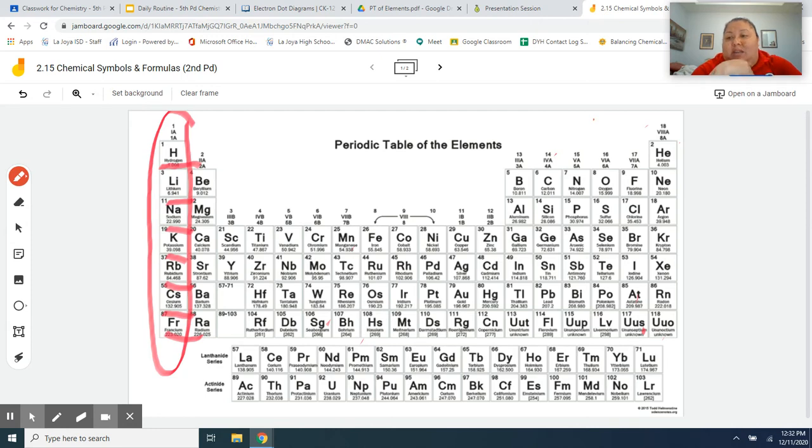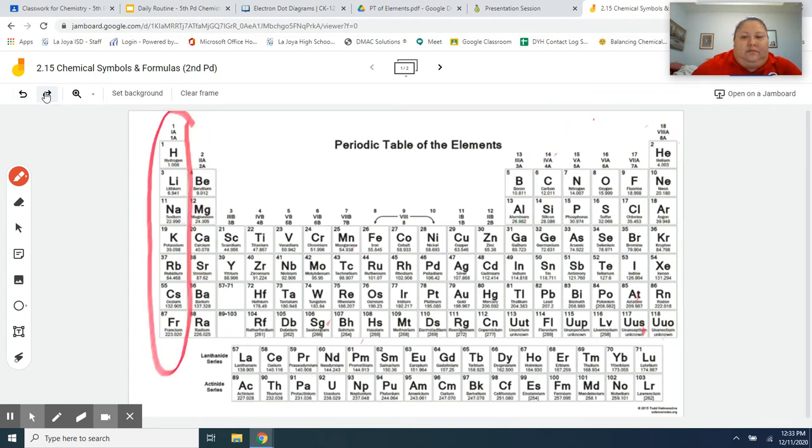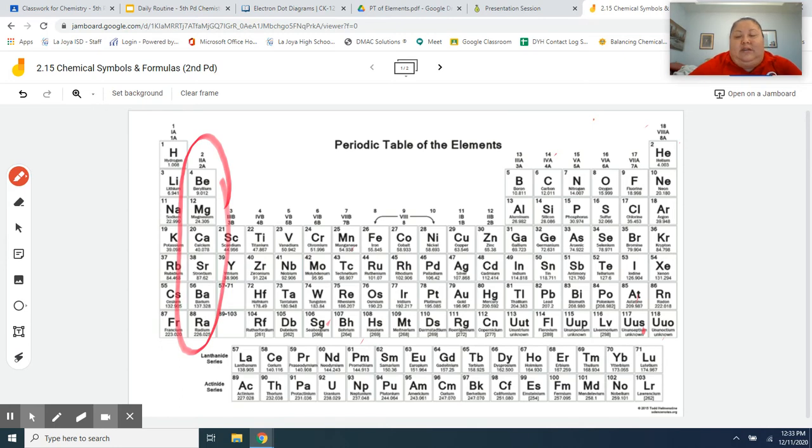Every single element in that group will have one valence electron, okay?